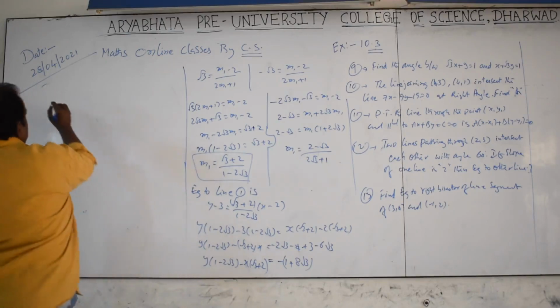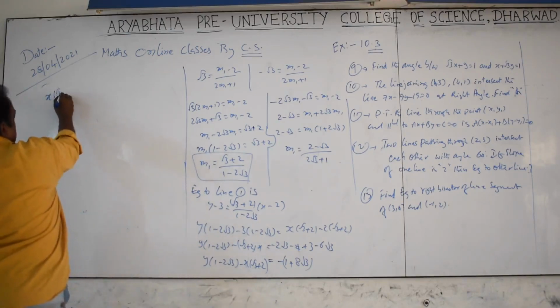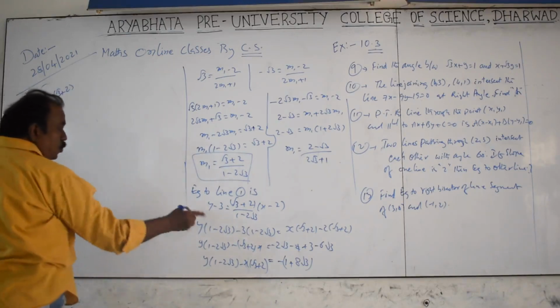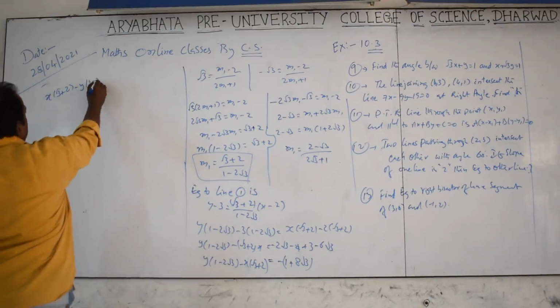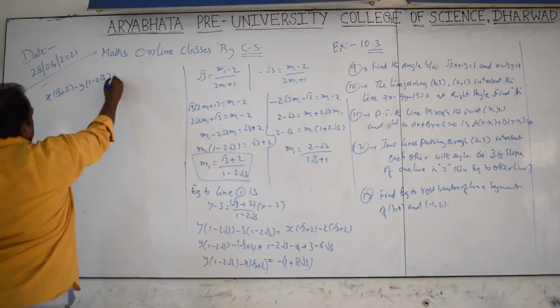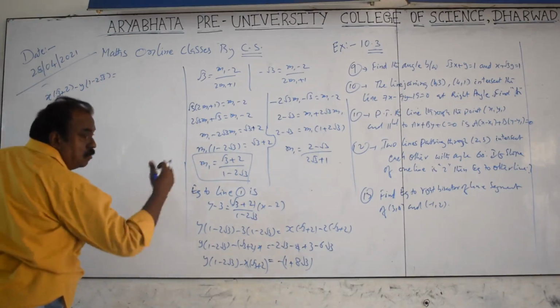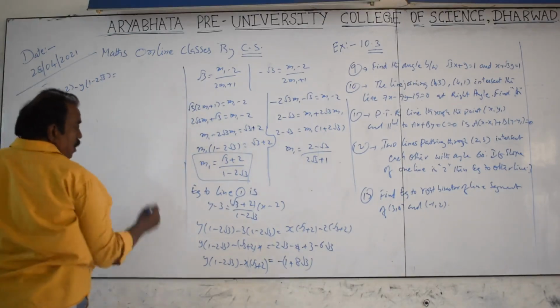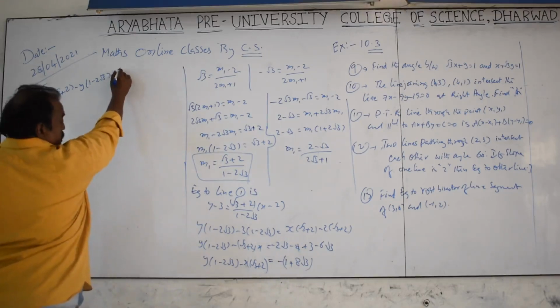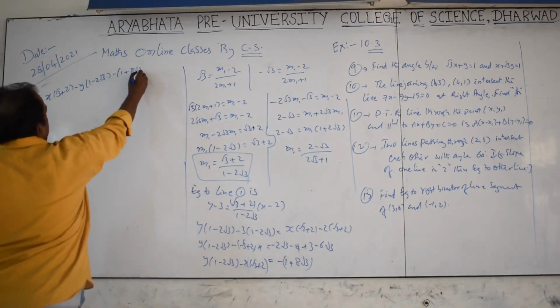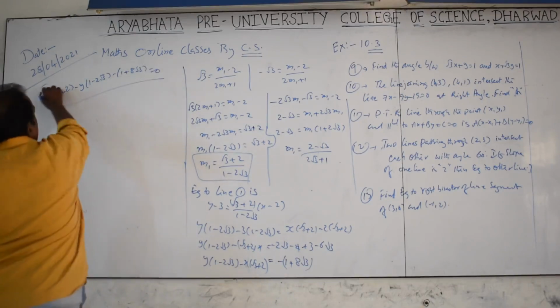So it is x of (root 3 plus 2) minus y of (1 minus 2 root 3). I am sending it to the side, that is plus. It is minus of (1 plus 8 root 3) is equal to 0.